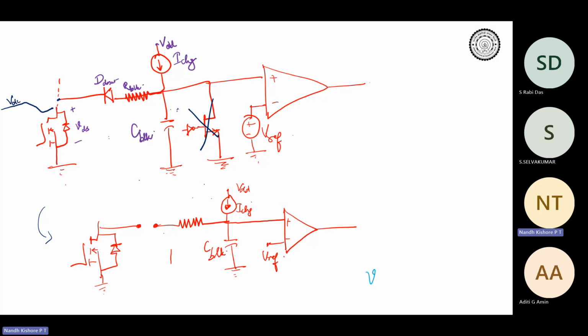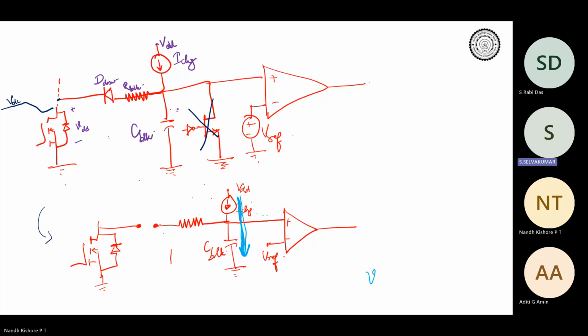So can you tell me how would I charge flow? What is the path for I charge now? Through capacitors. Yes, through the capacitor. Why cannot I charge flow to this plus terminal of the op amp? Why can't it flow?